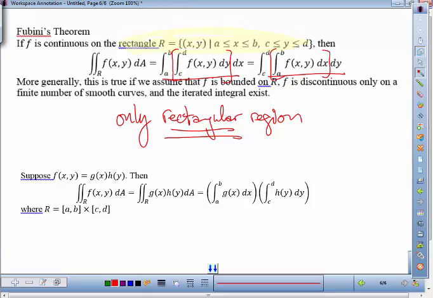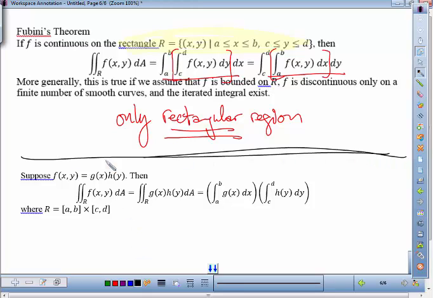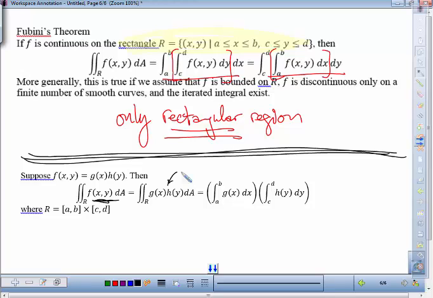But this is not Fubini's Theorem. This is just another property that if your function can be separated as two different factors, one factor with all x's and one factor with all y's, then you can actually split up your integral into two pieces like this.